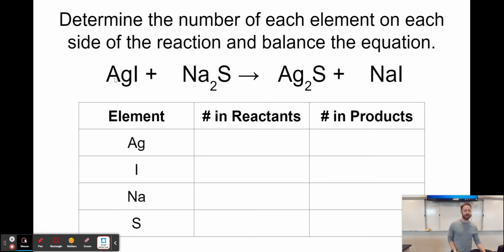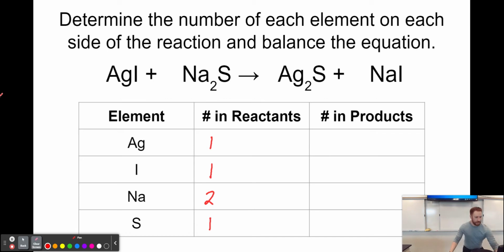Silver iodide and sodium sulfide react to form silver sulfide and sodium iodide. So on the reactant side, which remember is the left-hand side, there is currently 1 silver atom, there's 1 iodine atom, 2 sodium atoms, because there's a 2 subscript there, and 1 sulfur atom.